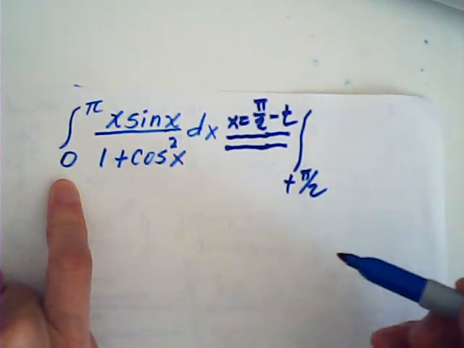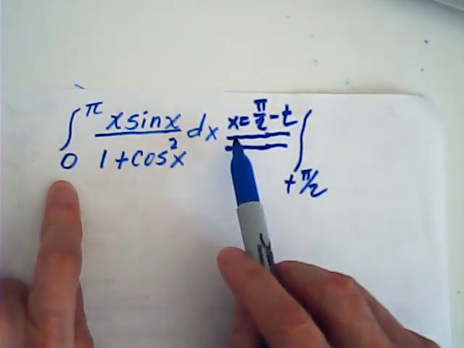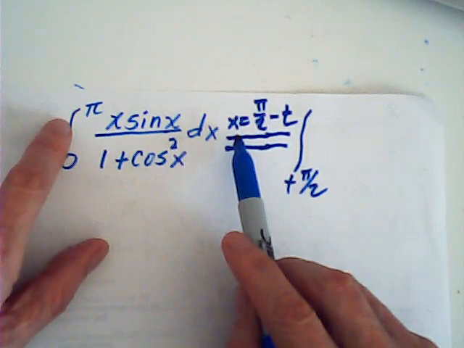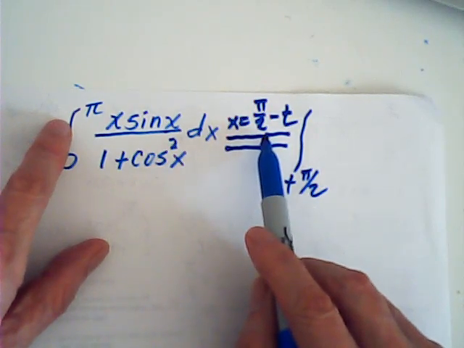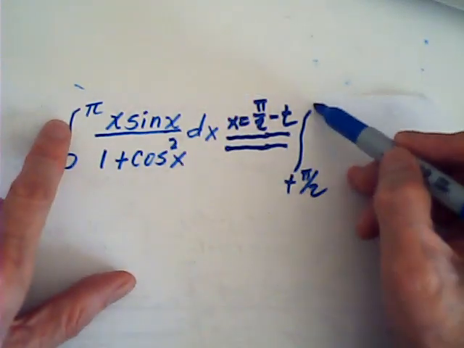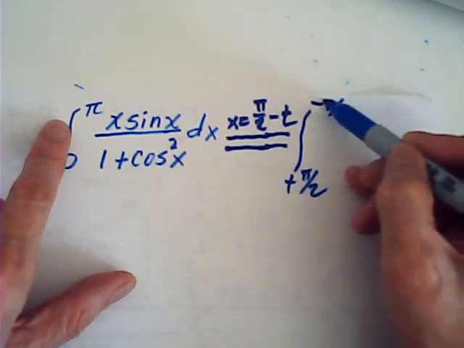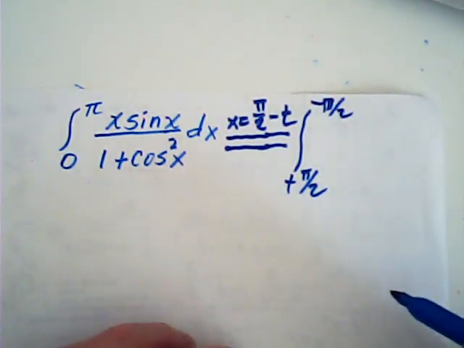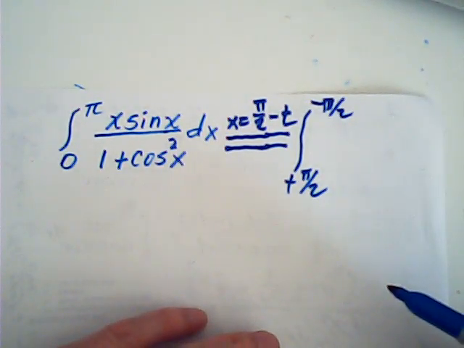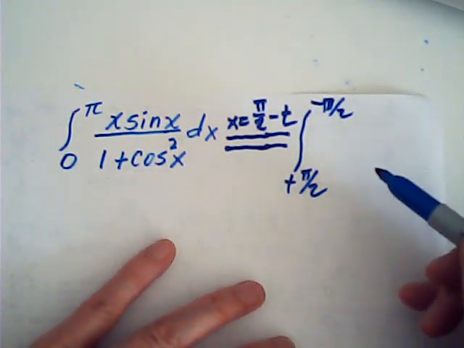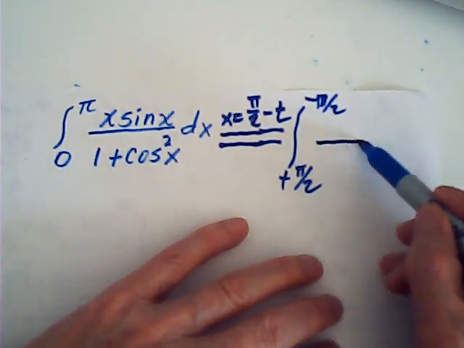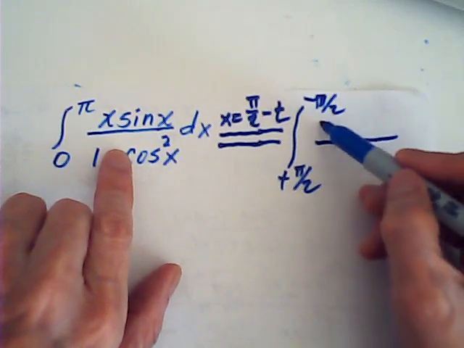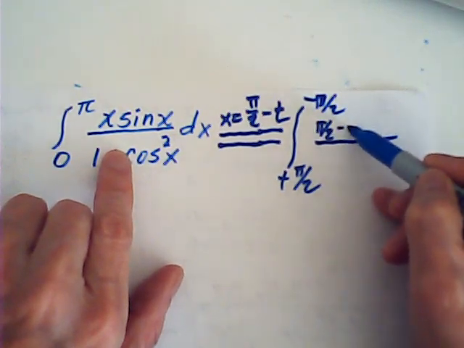When x is pi, t is negative half pi, right? Then this x will be half pi minus t.